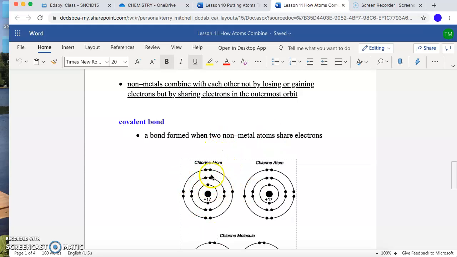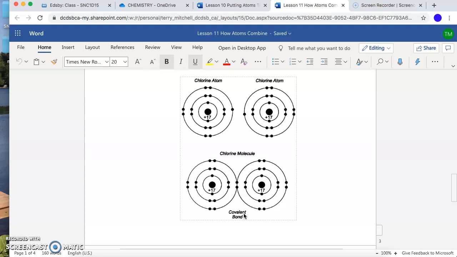This chlorine atom here is not happy. It wants 8 out of 8. And this chlorine atom has 7 out of 8 in its outer orbit. It's not happy. It wants an 8th one as well. So what happens is non-metals will bond this way, covalently or molecularly.